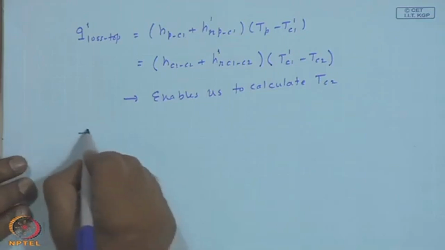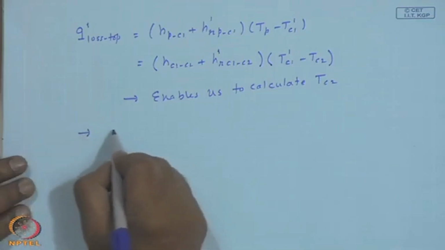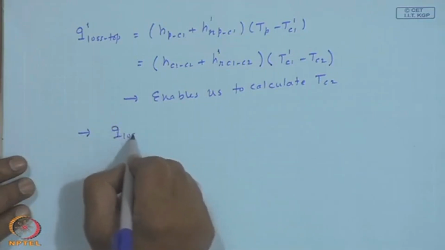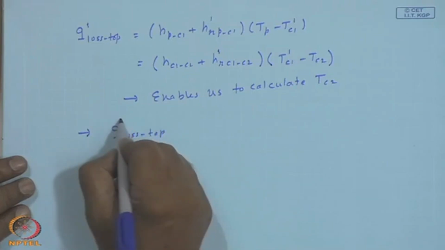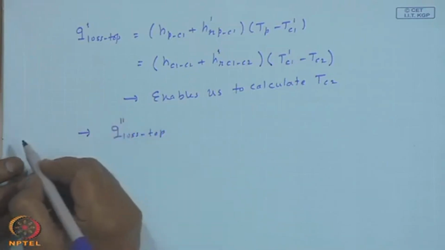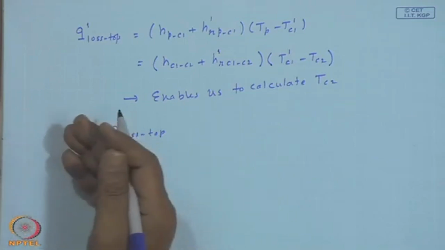Now, from this Q loss top 2, because Q loss 1 is from T p to T C 1 1, which we have guessed, the same amount of energy should be going from cover 1 to cover 2.